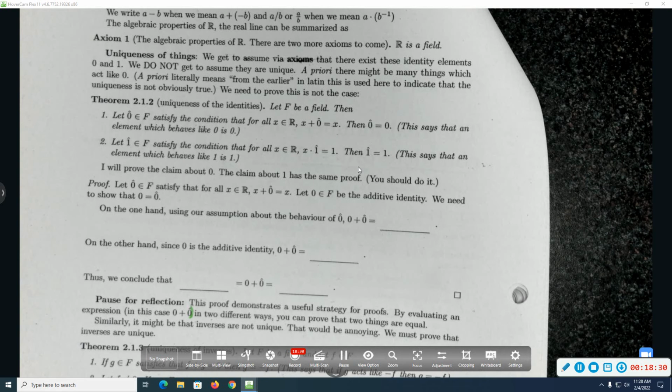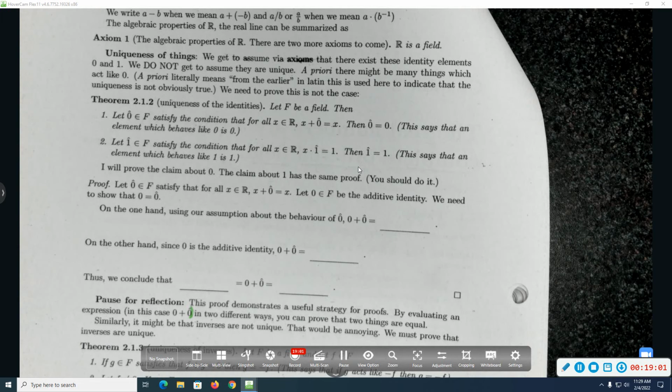If you have a list of axioms that contains one extra thing, then if you want to prove something's a field, you need to prove one extra thing. So it's useful to have a list of axioms that is as short as possible and has no redundancies. It also lets you see what the actual things you need to be a field are. If there's redundancy in your list of axioms, then one of them isn't really an axiom. It's something that you should prove. Okay. Cool.